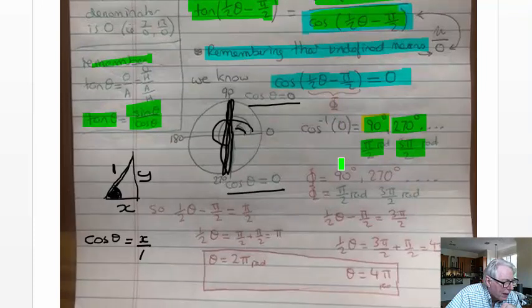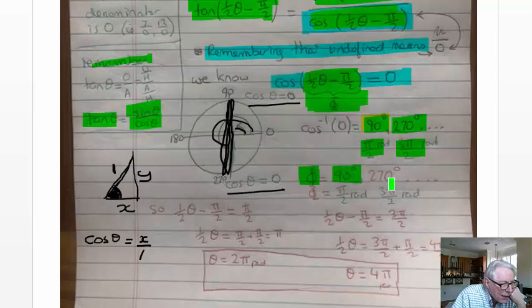So then I've got to come back down here and call this expression another Greek letter, phi. This a half theta minus pi over 2, let's call it phi. We just worked out that phi is equal to 90 and 270, but also phi was equal to pi over 2 and 3 pi over 2.